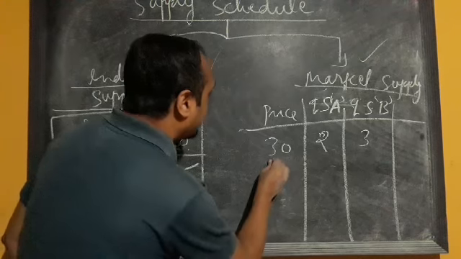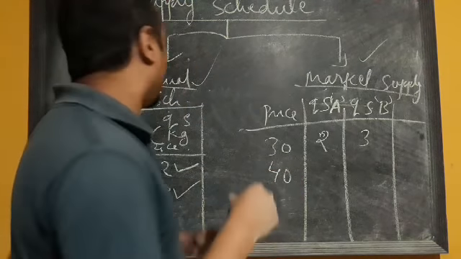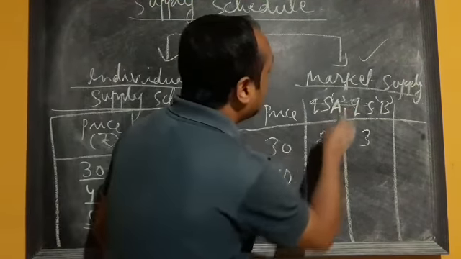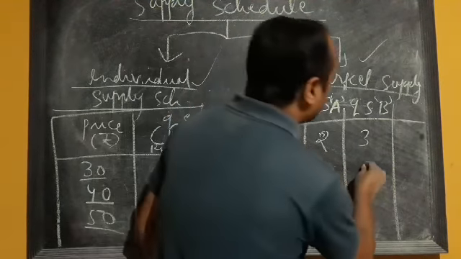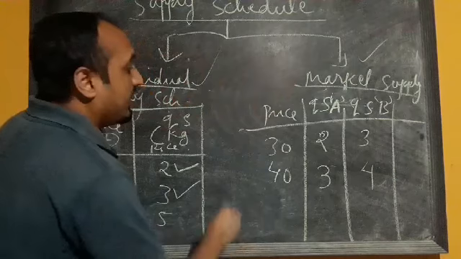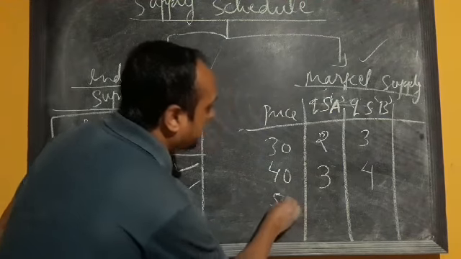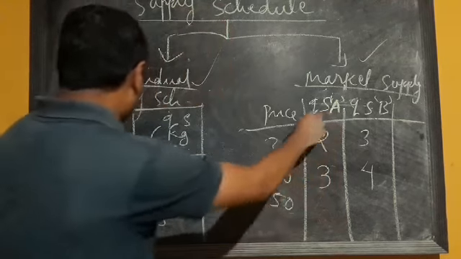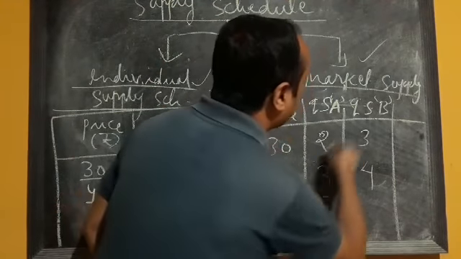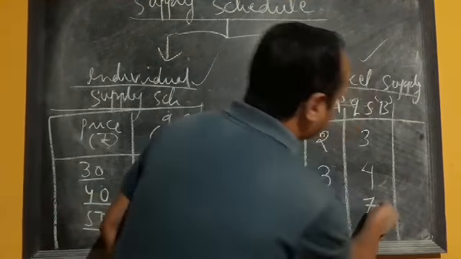When price increases from 30 to 40 rupees, the quantity supplied by A is 3 kg and that of B is 4 kg. When price increases from 40 to 50 rupees, the quantity supplied by A is 5 kg and that of B is 7 kg.